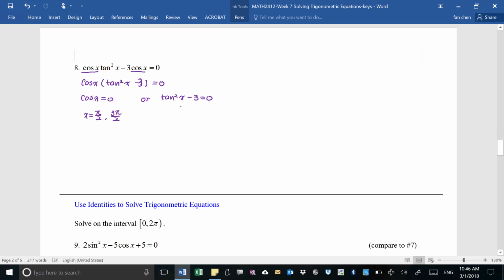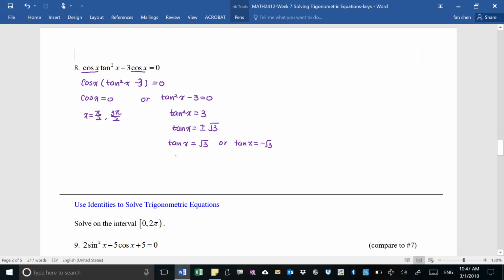And from here, that will be tangent squared x equal to 3, which means tangent x is equal to positive or negative square root 3. And think about this as having two cases. Either tangent x equals square root 3, or tangent x equals negative square root 3.